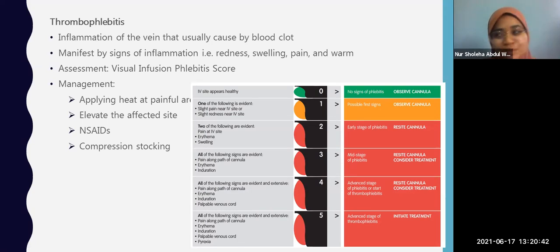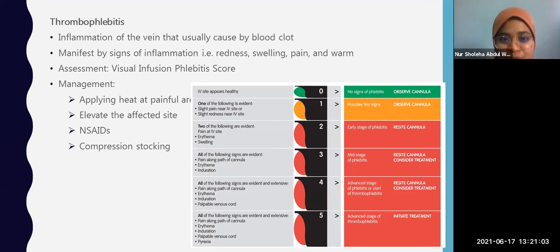How we score the thrombophlebitis is by physical examination. First, for grade 0, the IV site appears healthy.